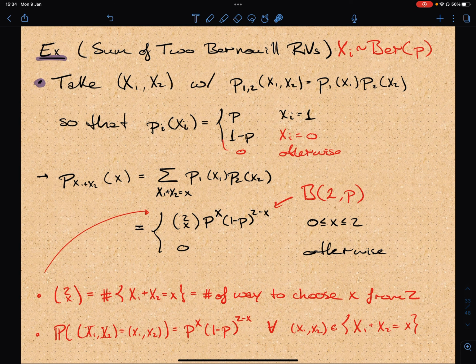Again, we already discussed in a previous lecture that the sum of Bernoulli random variables is going to give you a binomial distribution. In particular, due to the interpretation that the xi's are coin flips, and the binomial is the total number of heads in the coin flips, this result should be true: x1 plus x2 is going to have the binomial distribution.